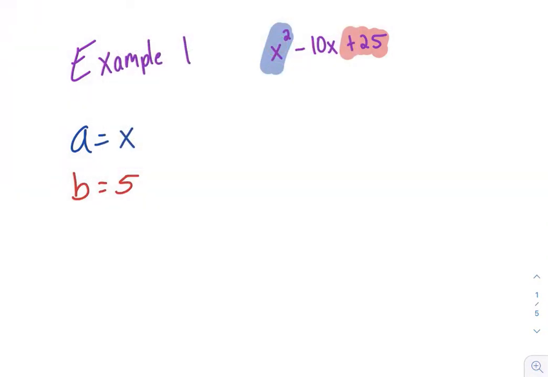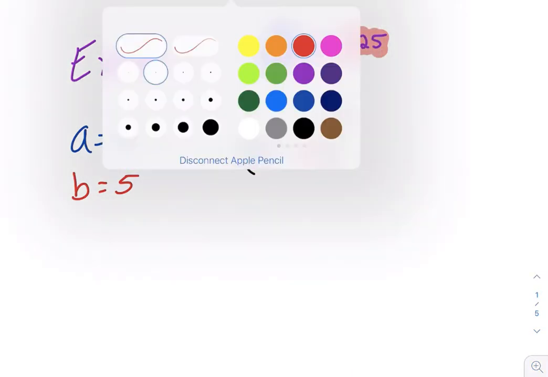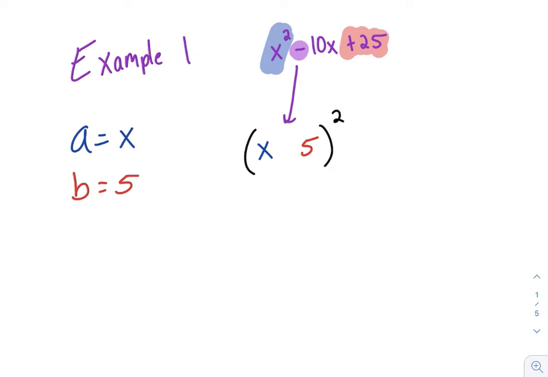I might even go out of my way to create this binomial. You get the square root of the first term and then the square root of the last term. Then you take that first sign, and whatever it is, that's what you put in your binomial. Since it's a minus, that's what goes there.